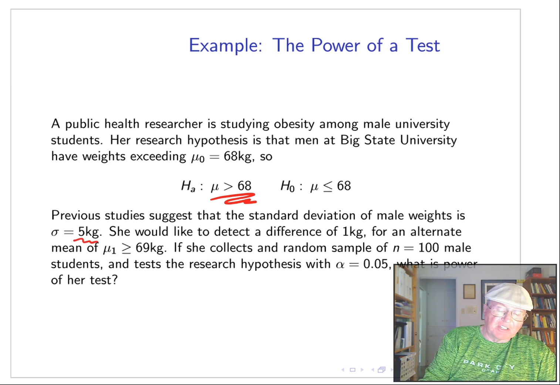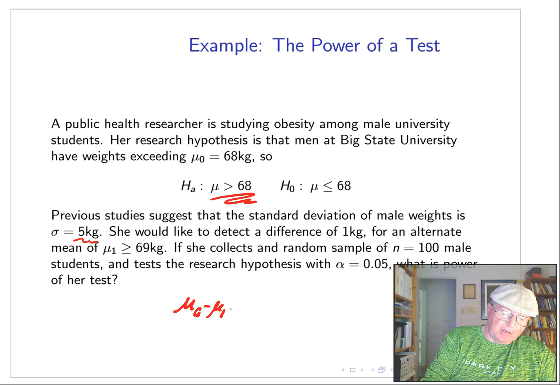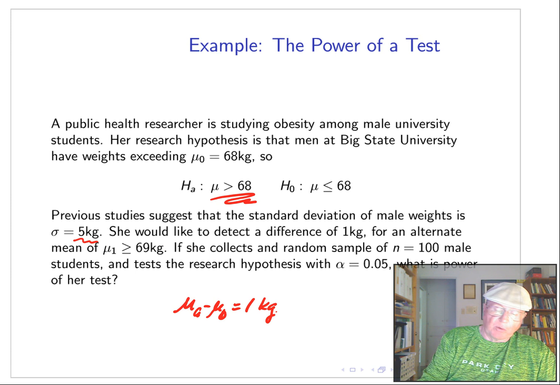She wants to detect a difference of 1 kilogram, in other words, mu alpha minus mu naught equals 1 kg. So we want an alternate mean of 69 kilograms. She collects a random sample of 100 students and tests the hypothesis at 5%. What's the power of her test?